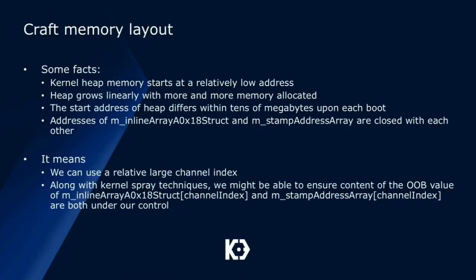Also, the addresses of M inline array and the M stamp address array are close to each other. Because of that, we can use a relatively large channel index along with some techniques like kernel heap spray. We might be able to increase the possibility of making sure the out-of-bound values of both arrays are under our control.